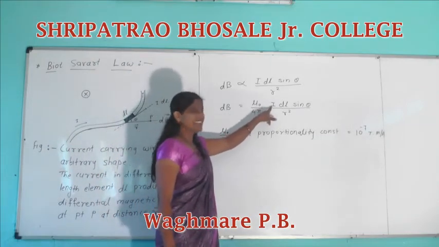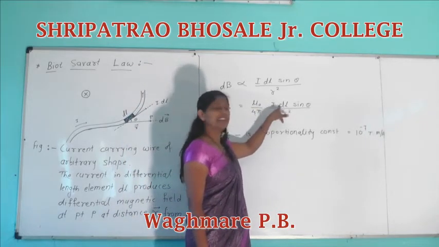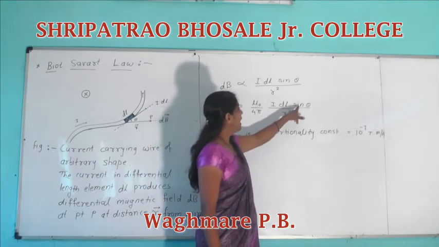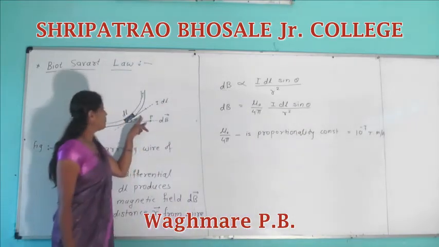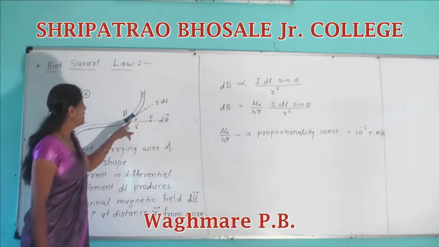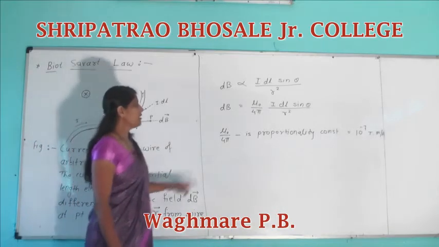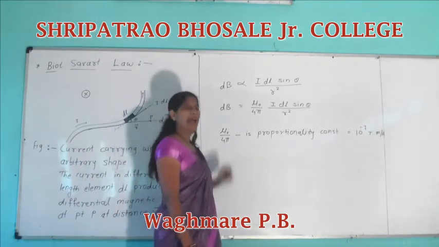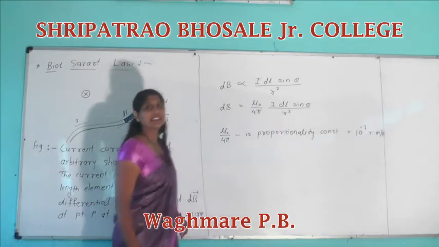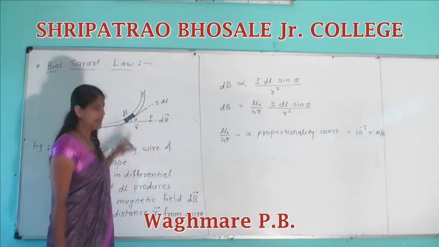Then here I is the current flowing through this conductor, dl is the small element of length, and theta is the angle between the direction of the small element, or vector element, and the vector displacement. This mu 0 is also known as permeability of free space, and r is the distance of a point P from the small element dl.